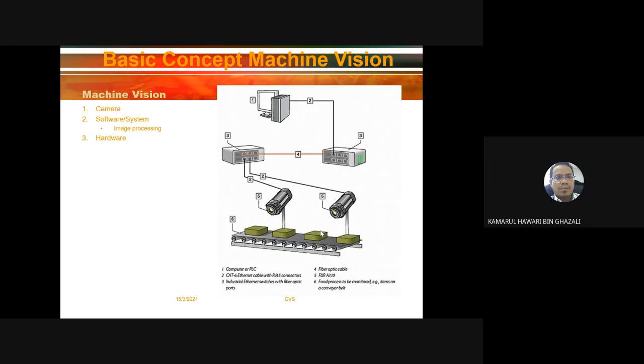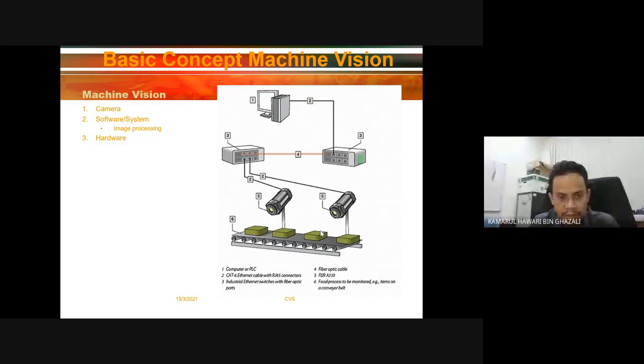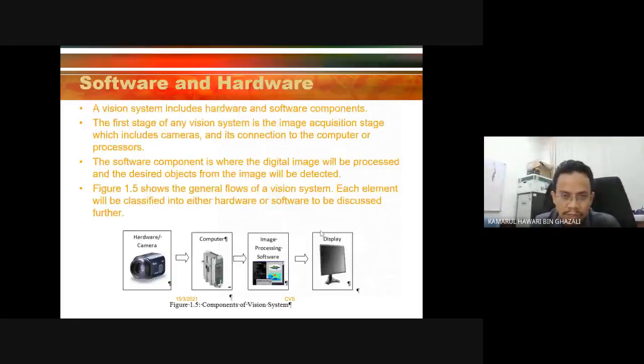The software will make a decision, and then we need to act on that decision, so we interface with the hardware. For example, if we do quality inspection of reject and good, what do we want to do when the object is rejected? Then we interface with the hardware. So this is the software and hardware.